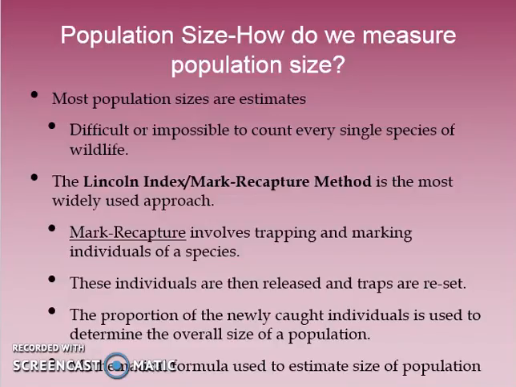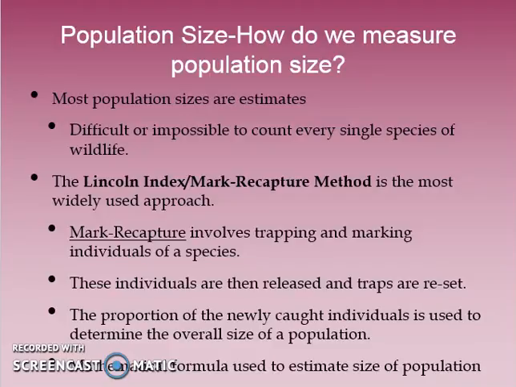So I tagged 20 animals, I let them go. Next time I catch animals, I catch 100 and 2 are tagged. And I do that several times, and it ends up estimating that 2 out of every 100 of the organisms are tagged. So that's 2 to 100. So then that means my 20 original tagged would be 20 to 1,000. So my estimated population size would be 1,000.